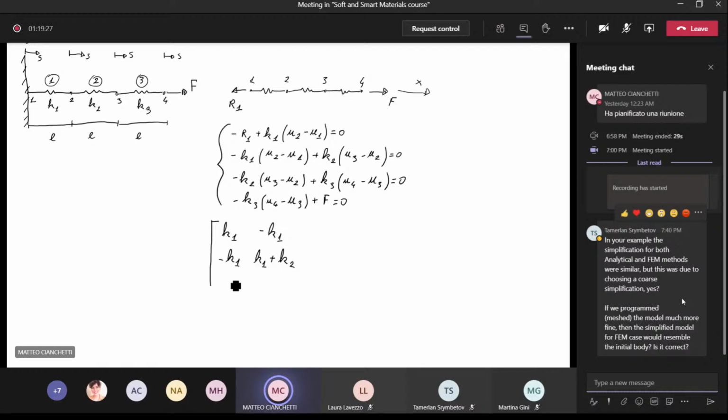This passage should be quite trivial, so I'm not going to explain all the details here, right?